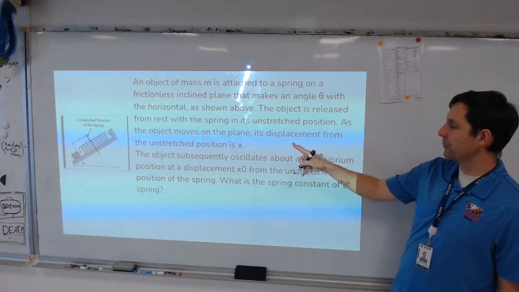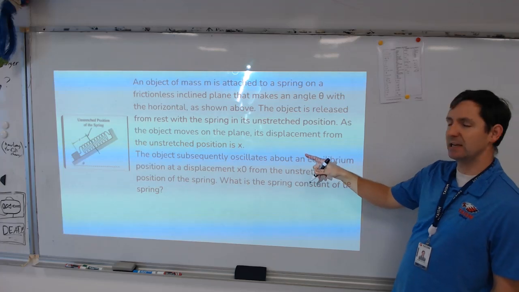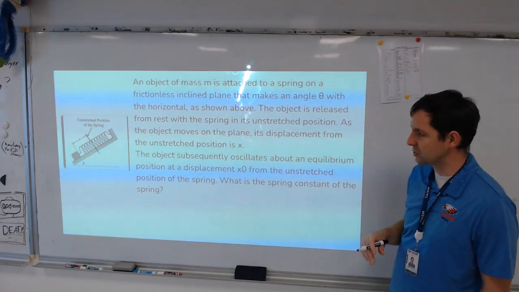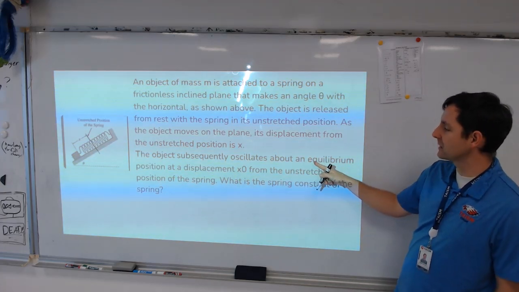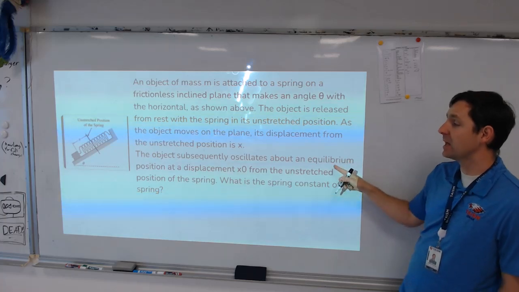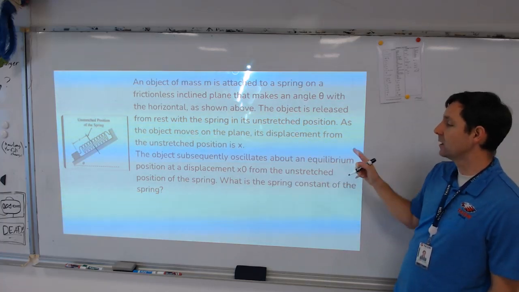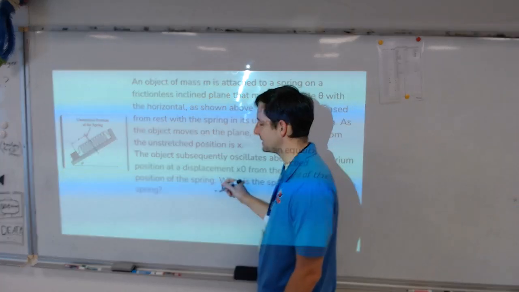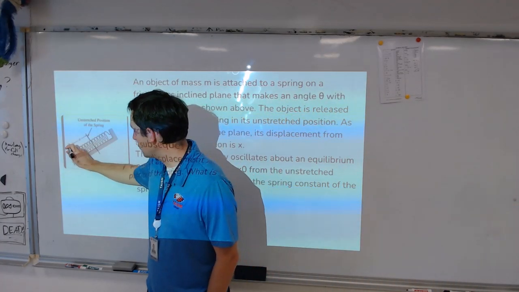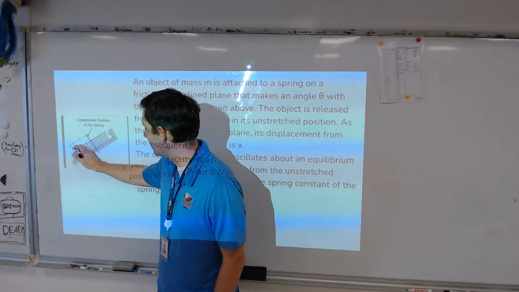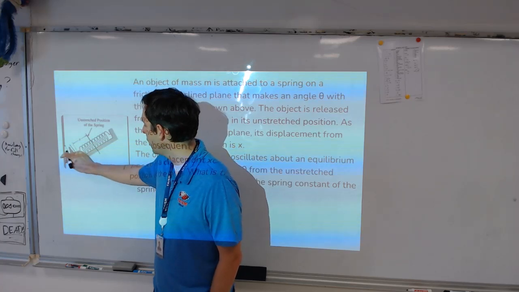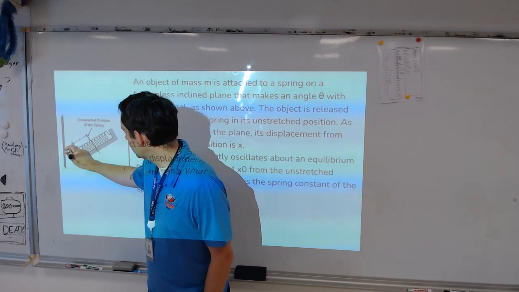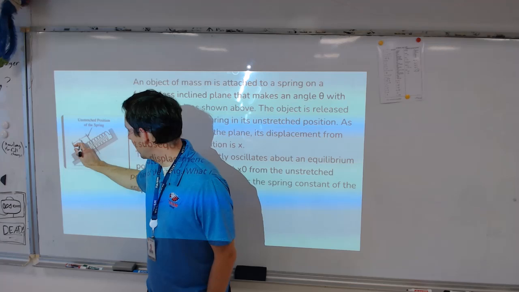As the object moves on the plane, its displacement from the unstretched position is x, so how far it's gone from that position. The object subsequently oscillates around an equilibrium position at a displacement x naught from the unstretched position of the spring. So what it's saying is that the equilibrium position, right here, is going to be my x naught.